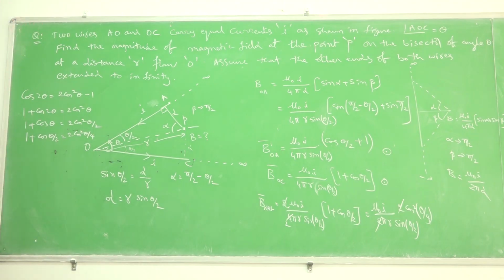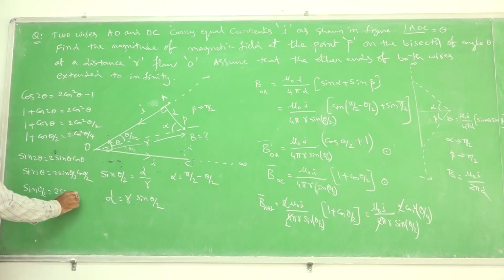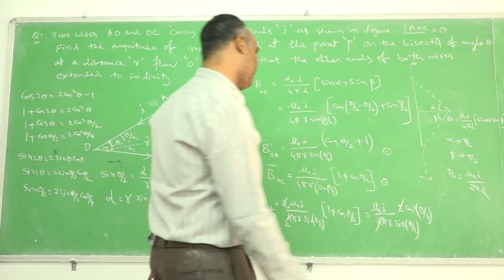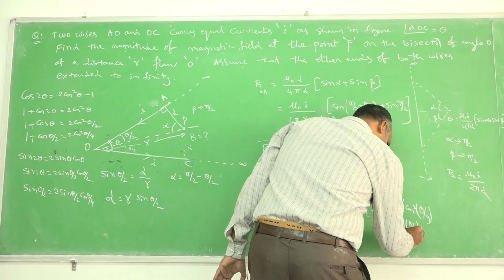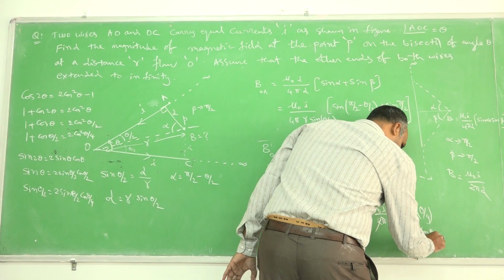You can write the denominator: sin theta is 2 sin theta by 2 cos theta by 2. But we require sin theta by 2. It can be written as 2 sin theta by 4 cos theta by 4. So even in the denominator you can write it as 2 sin theta by 4 cos theta by 4.